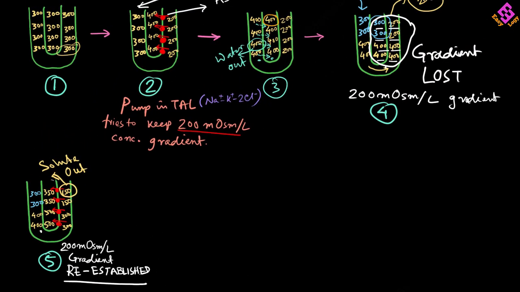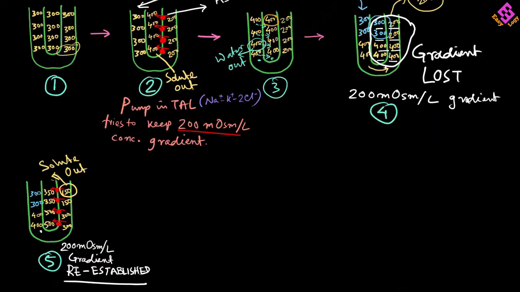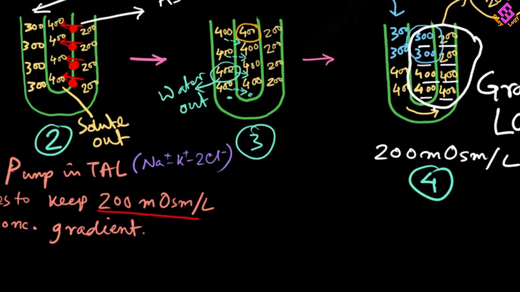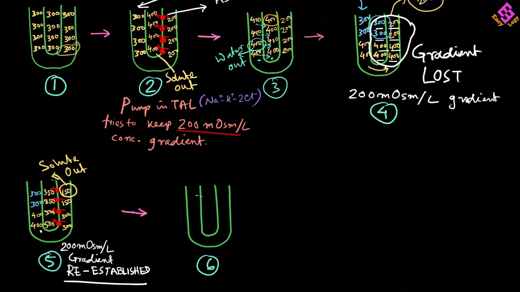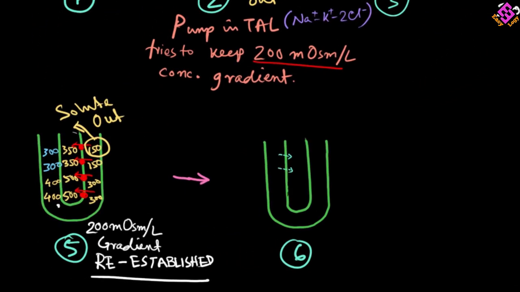Previously in number 2 step we have also seen solute out. Now in step 6 you know what happens, it's like the step 3. So in step 6 water will come out osmotically and it will establish an osmotic equilibrium between the descending limb and the interstitium.